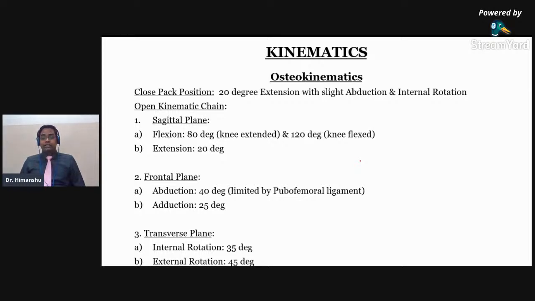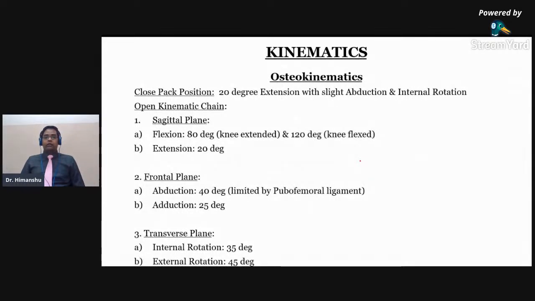The maximum articulation is with the 90 degrees of hip flexion along with some abduction and external rotation. But in this position, all the ligaments are in their maximum tightened state, which eventually pulls the articulating surfaces towards each other, increasing some amount of compressive loading at the hip joint. That is why 20 degrees of extension with slight abduction and internal rotation is considered to be the close pack position of the hip joint.